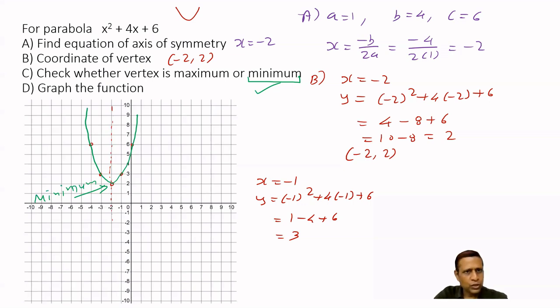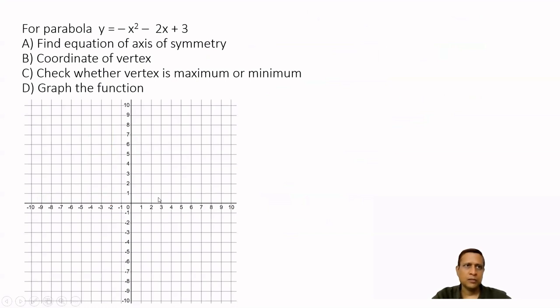So let's do one more question of this type. So now here, the parabola is y equal to -x squared minus 2x plus 3. And we need to find the same thing, right? So first of all, we identify the values of a, b, and c. So a here is -1, b here is -2, and c is 3. So first, the axis of symmetry.